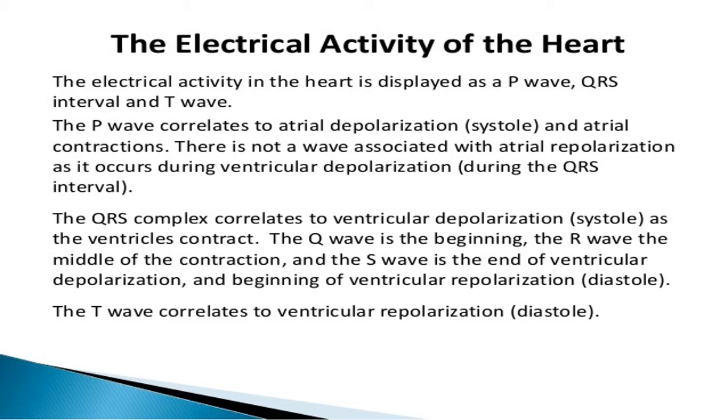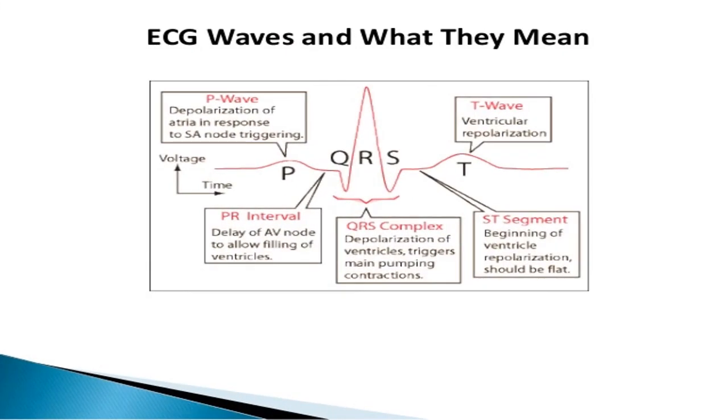The Q wave is the beginning, the R wave the middle of the contraction, and the S wave is the end of ventricular depolarization and beginning of ventricular repolarization. The T wave correlates to ventricular repolarization. Here you can see the ECG waves and what they mean. The P wave shows depolarization of the atria, triggered by the SA node.